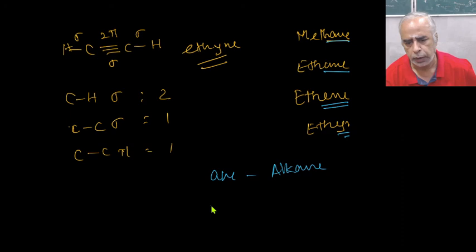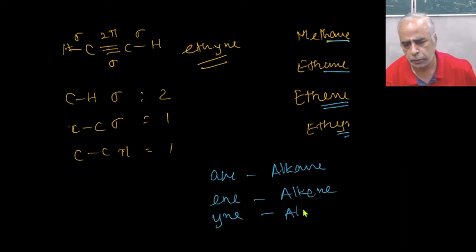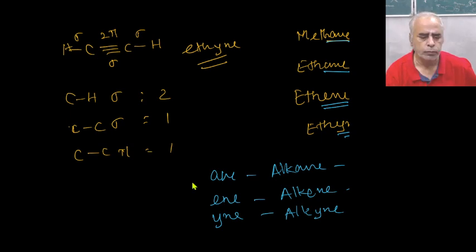Yne means alkynes. Take down. Alkanes have the general formula CnH2n plus 2, whereas alkenes have the general formula CnH2n, and alkynes have CnH2n minus 2. Note it down.